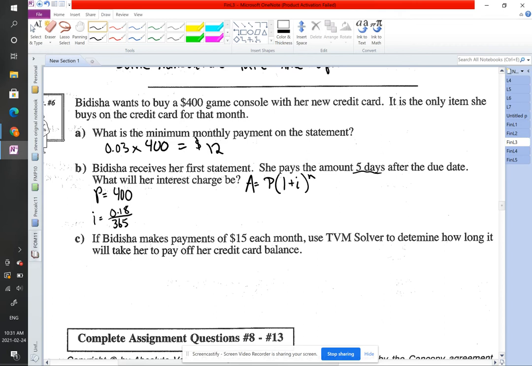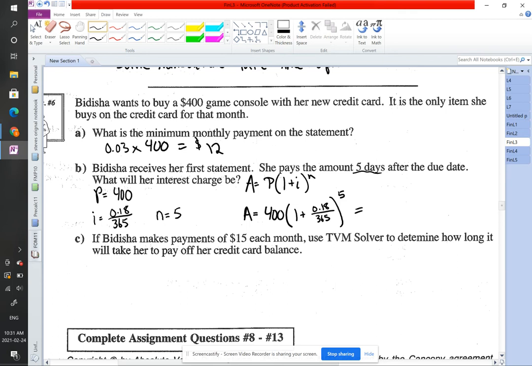And then her n value will be for 5 days. So we can plug this in as 400 multiplied by 1 plus 0.18 over 365. So every day she's gaining interest for 5 days. And that's 5 days after the due date.